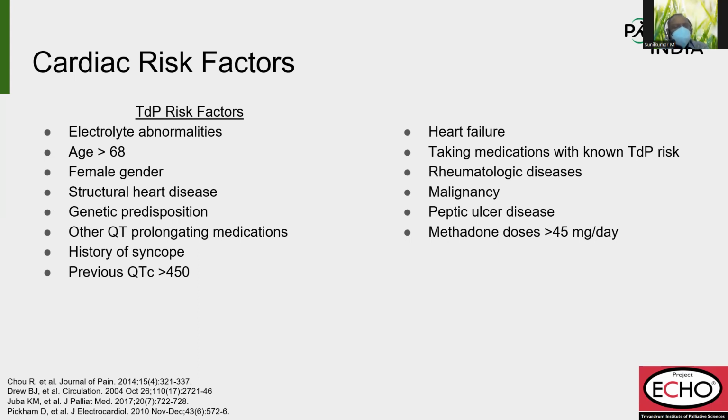And there are some patients where QT prolongation runs in families. And if the patient has a previous ECG which indicates that the QT interval is more than 450 milliseconds. And higher doses of methadone can also increase the risk for torsades de pointes. These are some factors which we have to keep in mind regarding the risk for torsades de pointes.